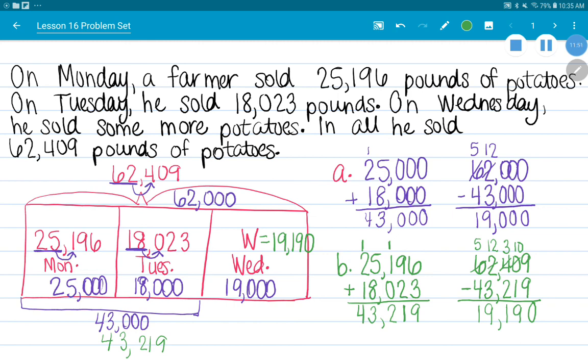All right, so for your virtual Wednesday work, you're going to complete number 2, number 3, number 4, and number 5 the exact same way that we completed number 1, okay? So you are completing the rest of this lesson 16 problem set.